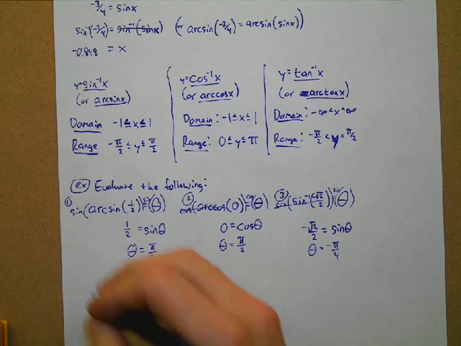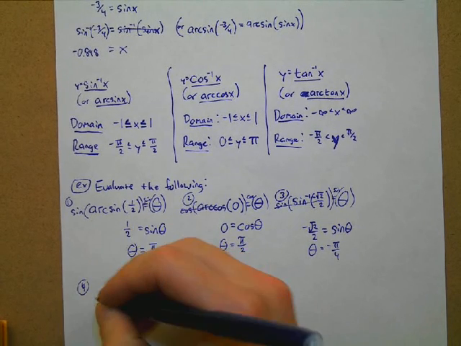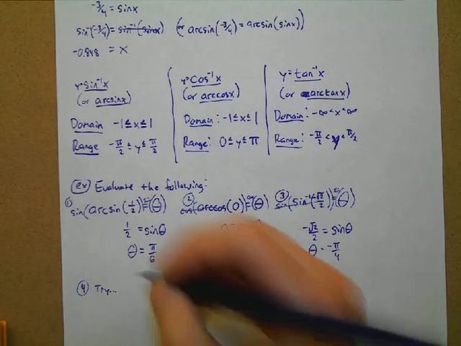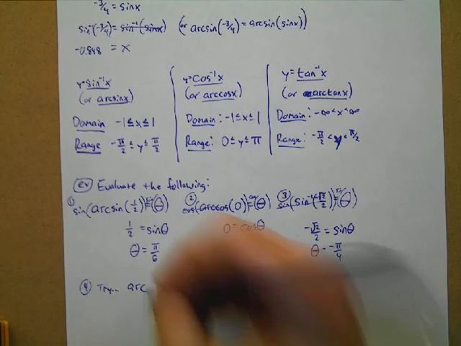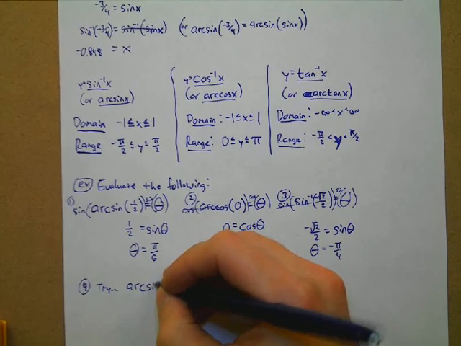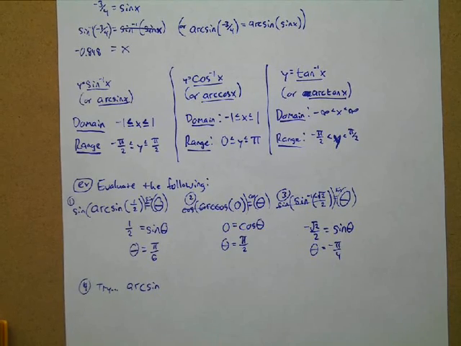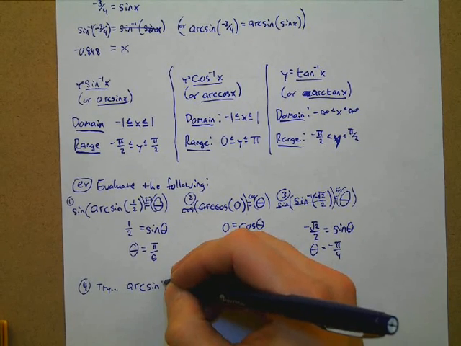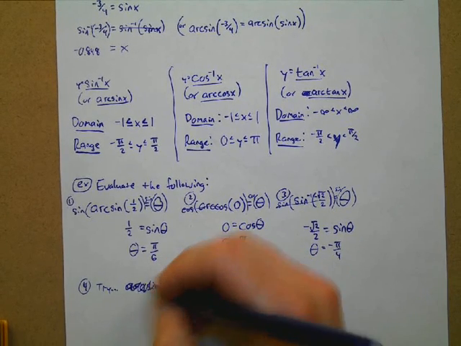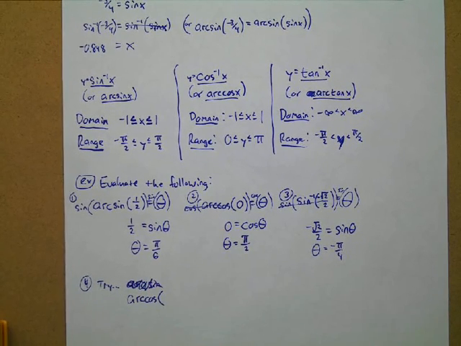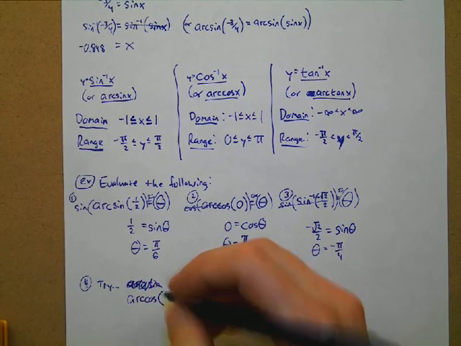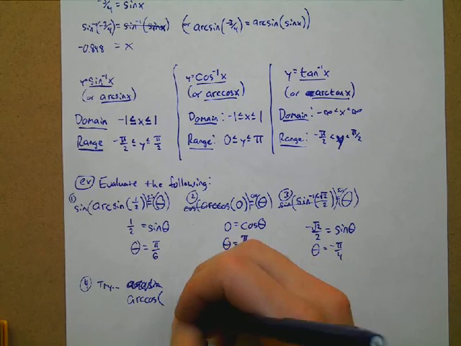Sorry, let's make it arc cosine, just to change it up. Arc cosine of, I'll say, negative root 3 over 2. So try that. Arc cosine of negative root 3 over 2. See what you can come up with there.